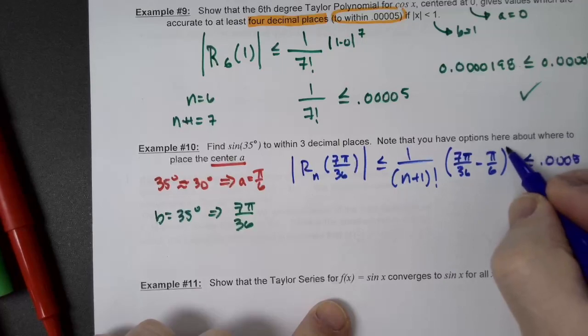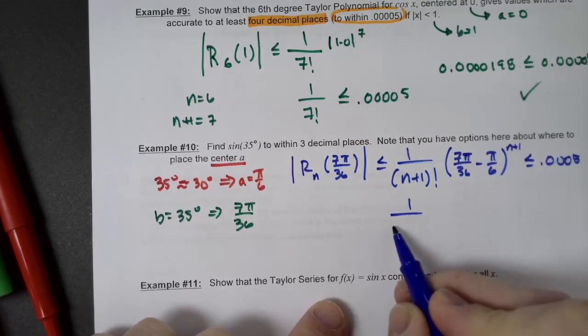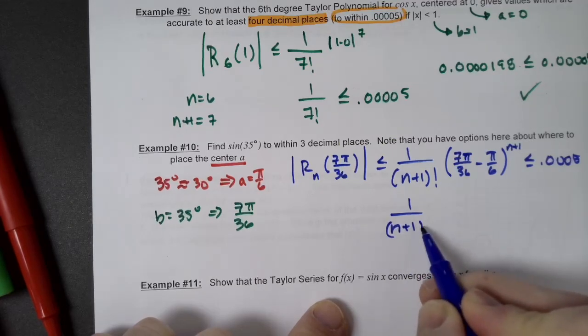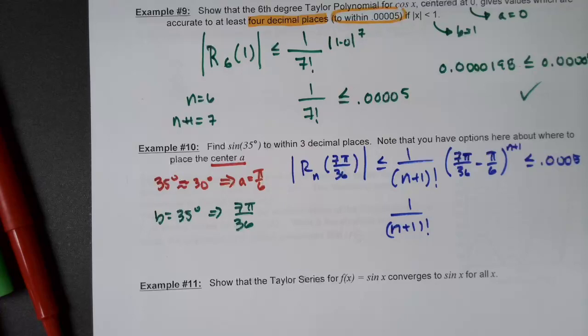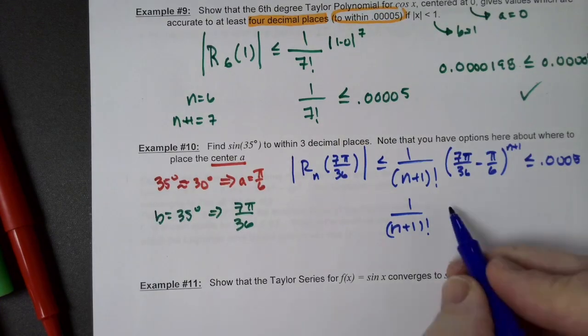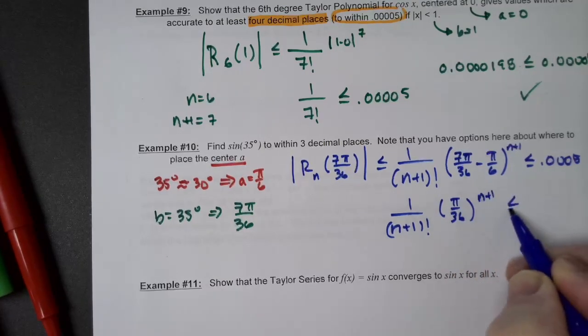And I forgot to put the n plus 1 up there also. So this becomes 1 over n plus 1 factorial. And then the nice thing about 7 pi over 36 minus 6 pi over 36 is this is just going to be pi over 36 to the n plus 1 power.